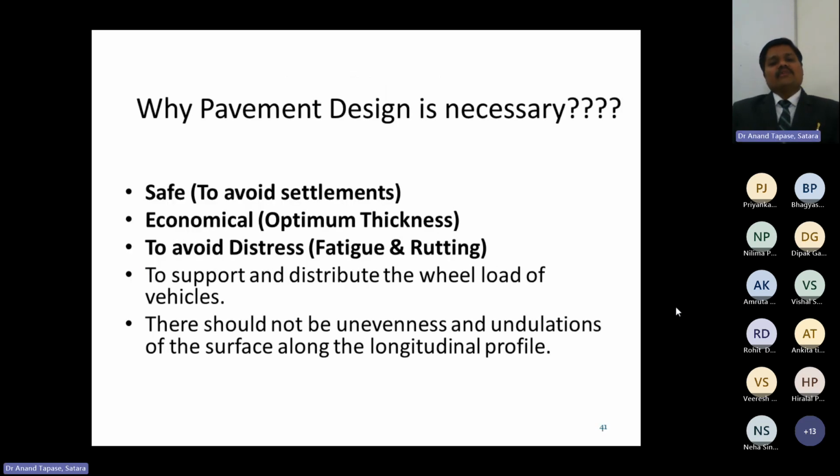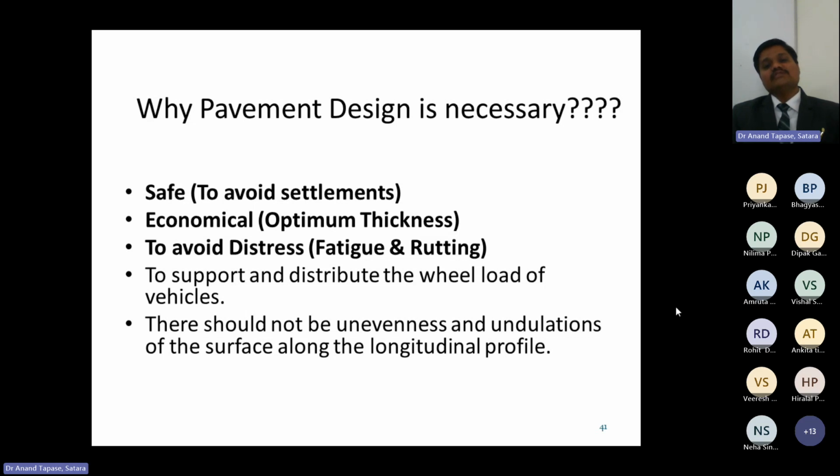Why should we perform the pavement design? Earlier, in the era of the British, they constructed roads, bridges and railroads with their premium perspective of transporting goods. Due to their selfishness, they constructed roads in Indian conditions wherever they required, to reach the raw material.